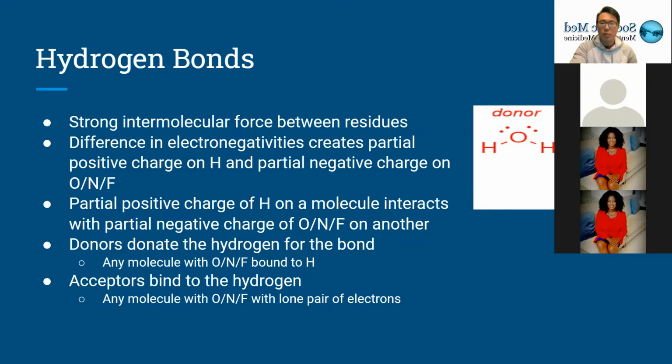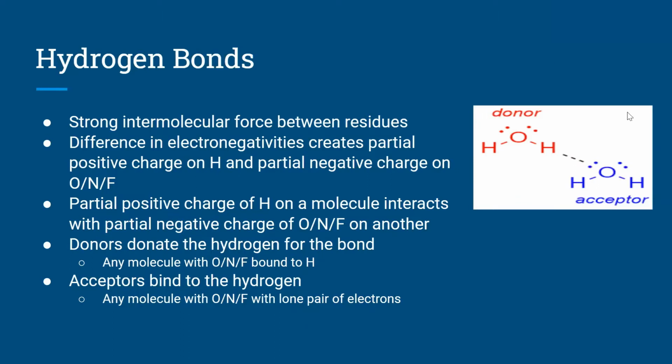Hydrogen bonds are created because of the differences in electronegativities between hydrogen and an electronegative group such as oxygen, nitrogen, or fluorine. In amino acids, we are particularly interested in the nitrogen and the oxygen, since there are no fluorines on the amino acids.